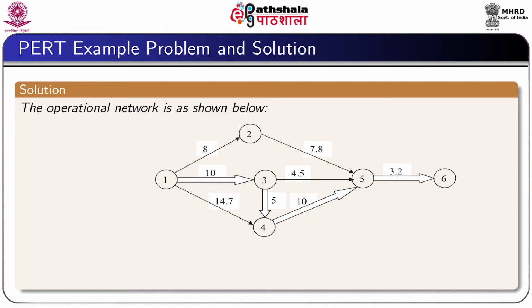Proceeding as before, the critical path can be obtained as shown in this slide. The double line arrow shows the direction of the critical path. Here the critical path is 1, 3, 4, 5, 6.